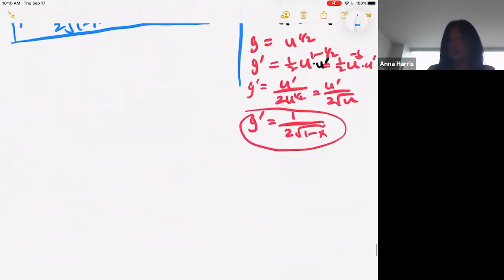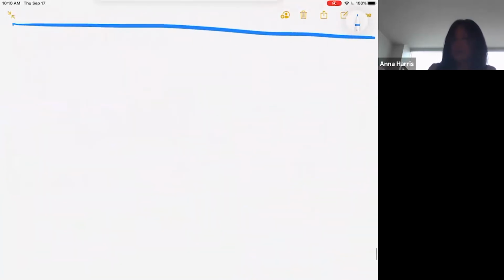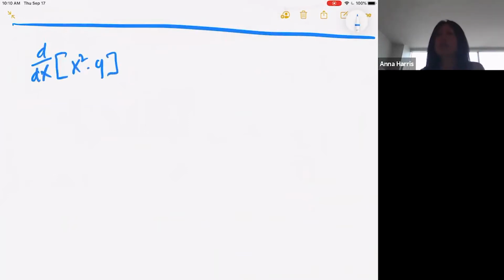So if I give you, say, dy dx is equal to x squared times y. I give you this problem. First thing first, I know I have to use what rule?